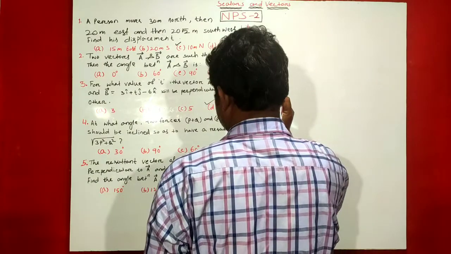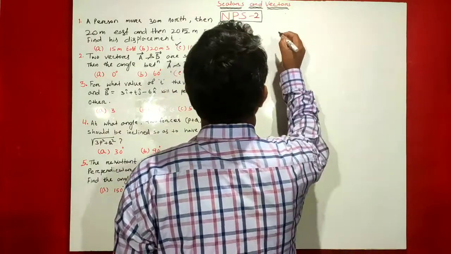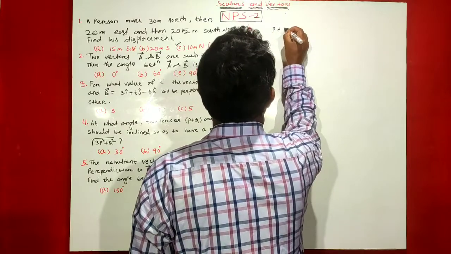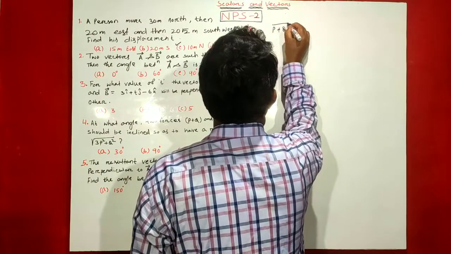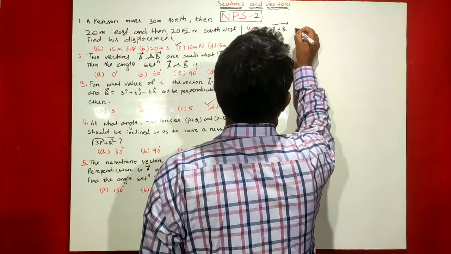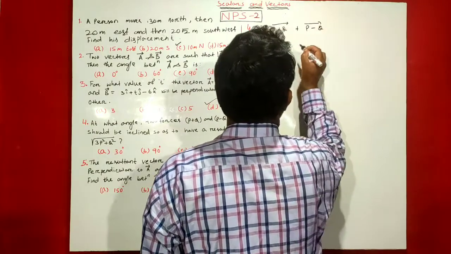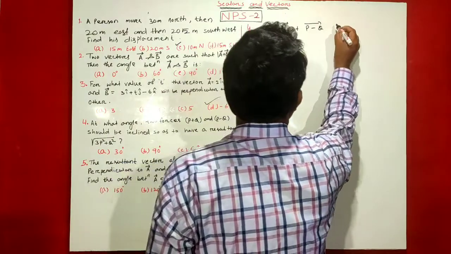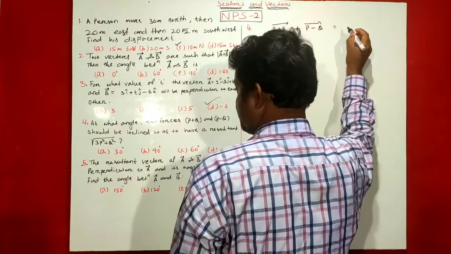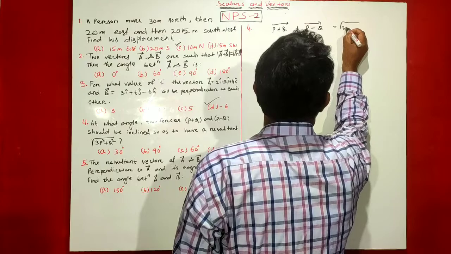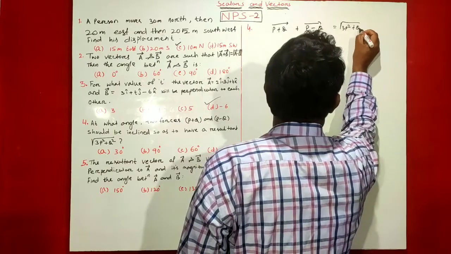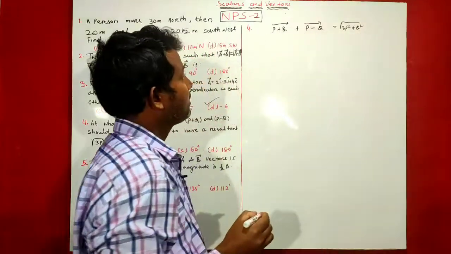Their resultant will be under root of 3p square plus Q square.